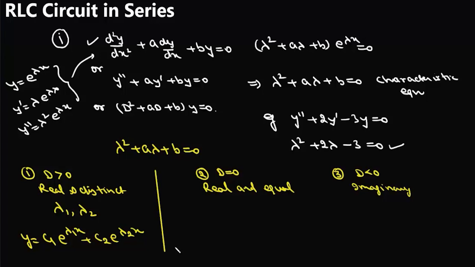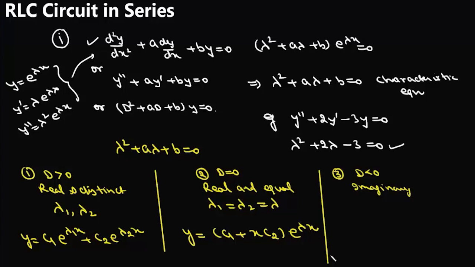Now if the roots are real and equal, in that case lambda 1 is equal to lambda 2, say equal to lambda, then the solution to this differential equation is written as y equals (c1 plus x c2) e to the power lambda x. And then we have our third case when the roots are imaginary.